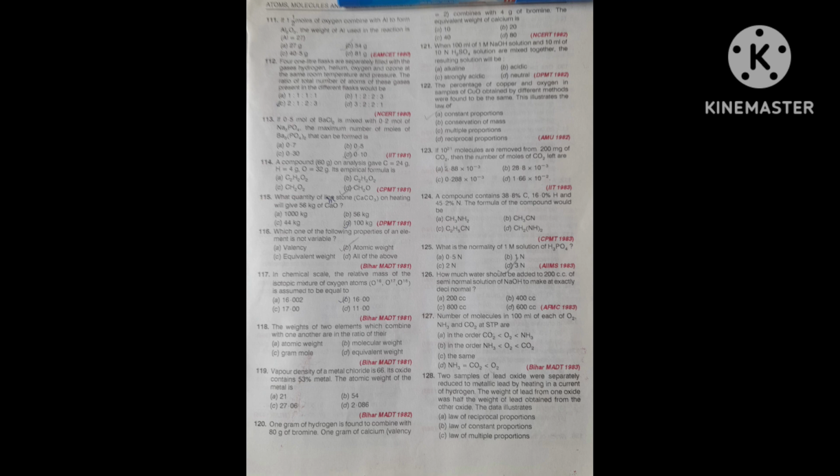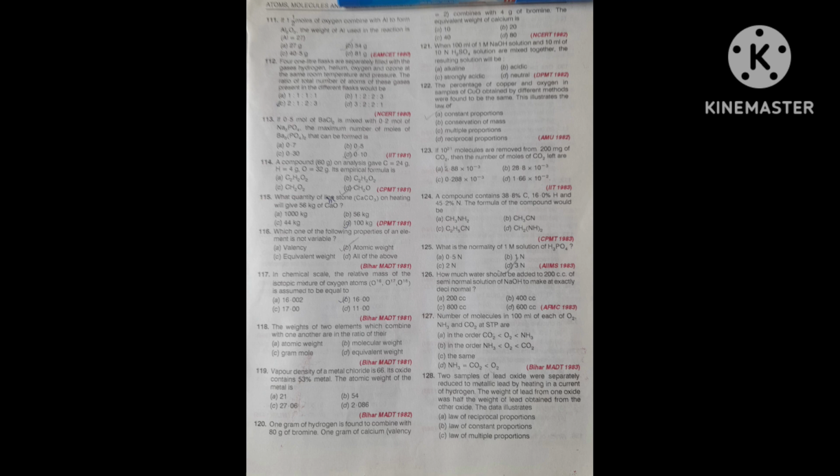See here, equal volumes under similar conditions contain an equal number of molecules. Remember, equal volumes, 100 ml is common for all according to the question. Then equal volumes under similar conditions contain an equal number of molecules.